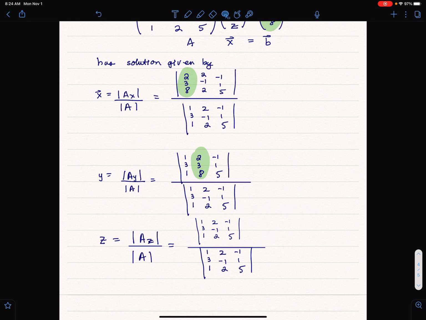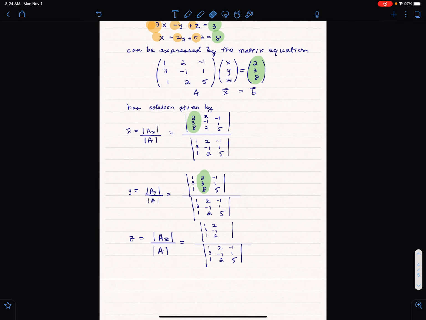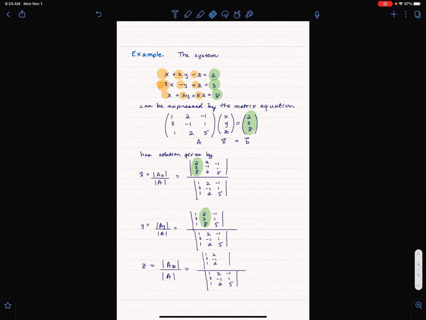But for z, I delete the column that corresponds to z, negative 1, 1, 5, and put instead the constant vector B. And so that'll give the solutions.